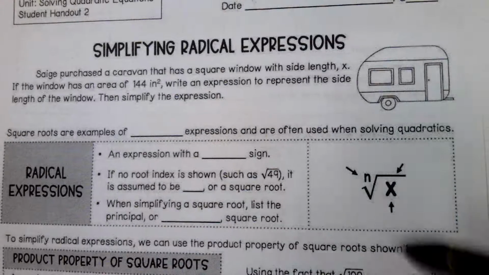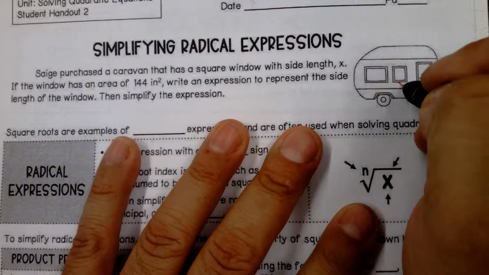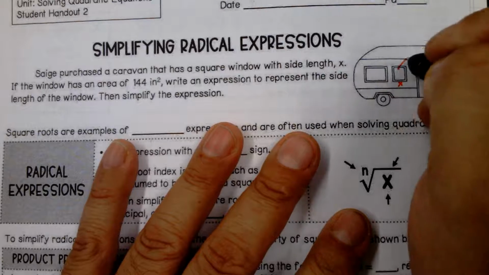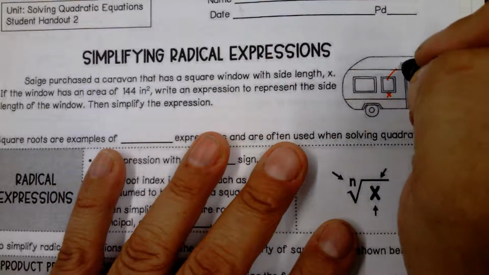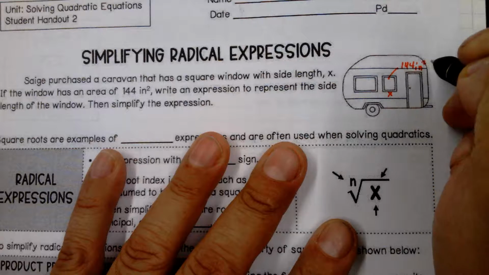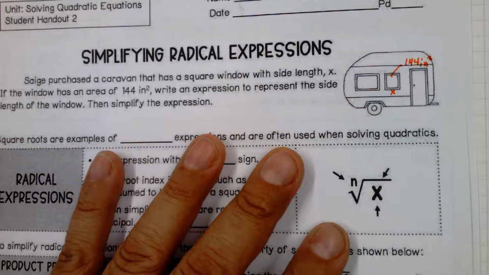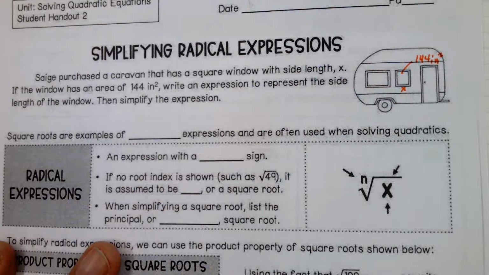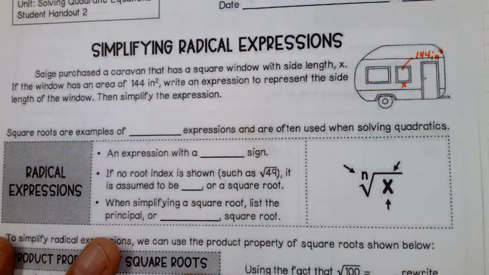Okay, so let's say this is our window. Each side is X. The area is 144 square inches. And we want to find that length.